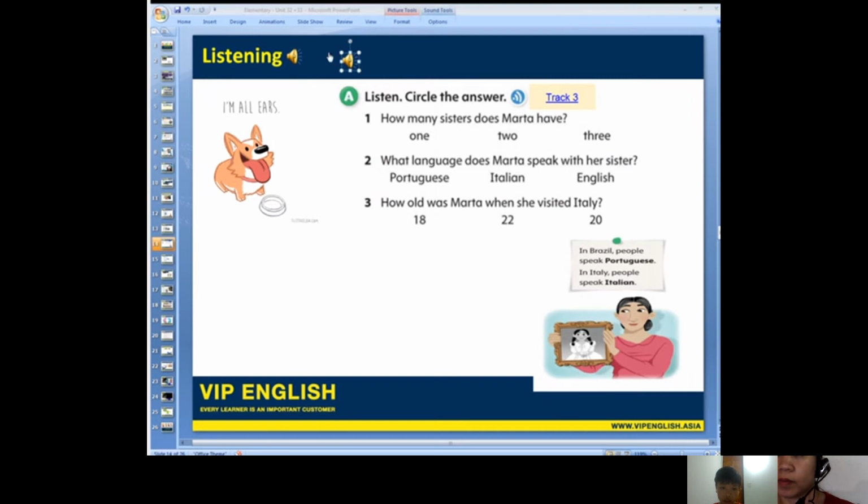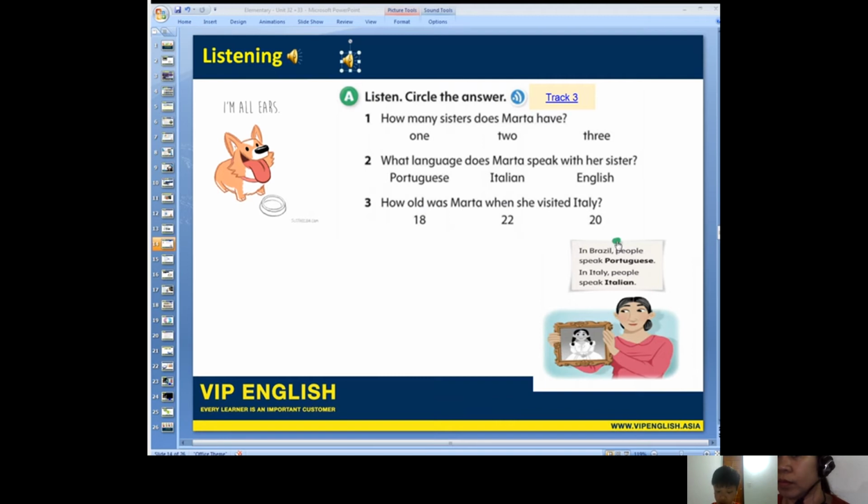Page 42. Listening. A. Listen. Circle the answer. 1. Marta, you moved from Italy to Brazil 50 years ago. Yes, that's right. I was 4 years old then. Did you come with your mother and father? Yes, and my older sister. And why did you come to Brazil? We came to Brazil because my father couldn't find a good job in Italy. That was the main reason. 2. Was it hard for you to live in a new country?